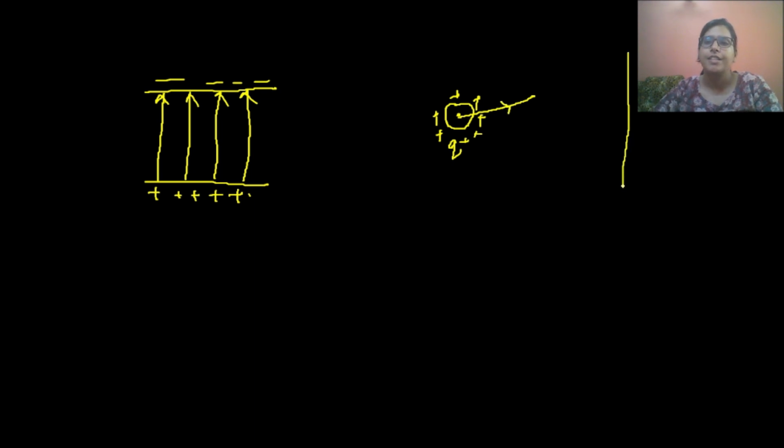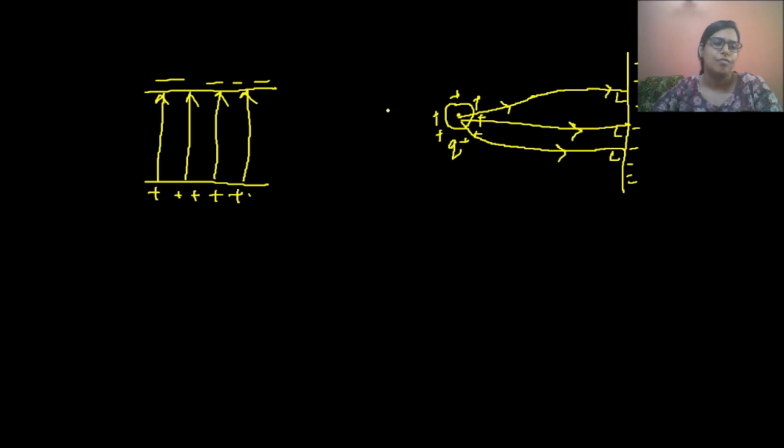And if there is a sheet of negative charge, which is a conducting surface, then the lines will end like this, perpendicular to the surface. In this direction, they will be perpendicular to this sphere, radially outward.